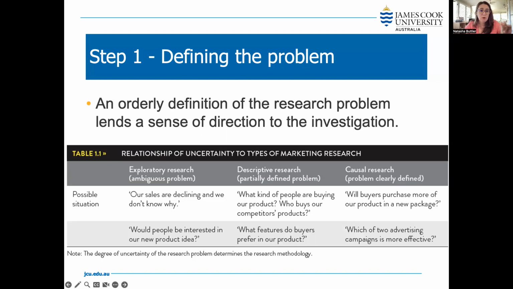The table 1.1 that I've put here in the slide is on page 21 of the textbook, and this shows the basic design techniques for descriptive and causal research, surveys and experiments, secondary data and observation. The type of research method is selected according to the nature of the problem and how well defined it is.